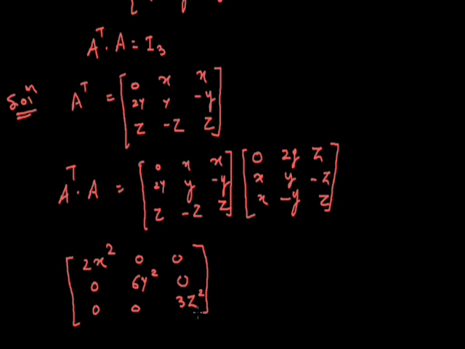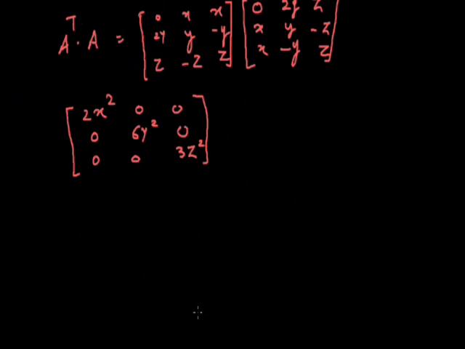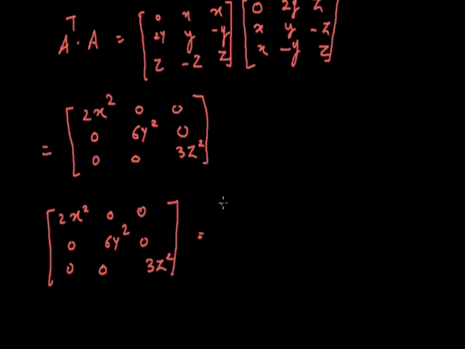Now we compare A transpose into A with the identity matrix, which is 1, 0, 0; 0, 1, 0; 0, 0, 1.